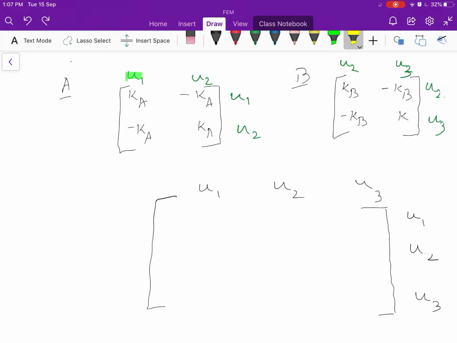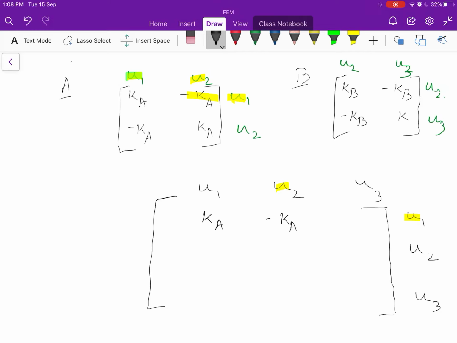From U1 and U1 we can write Ka. Similarly, when we consider U2 and U1 we get minus Ka.